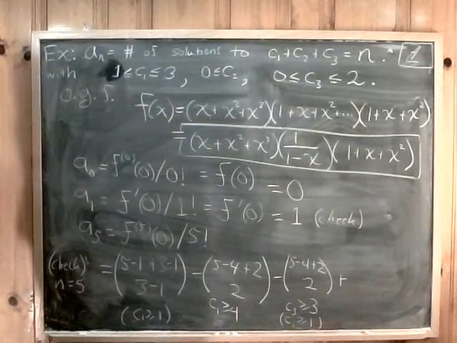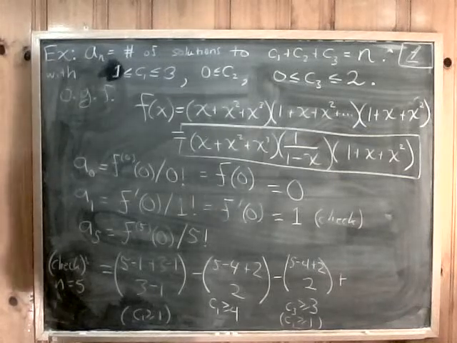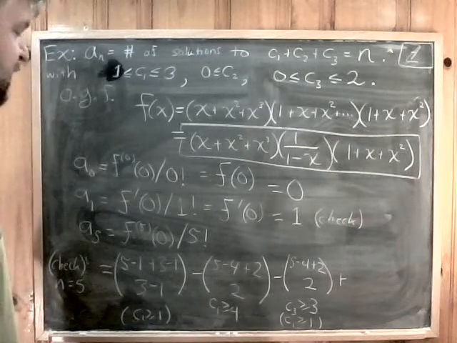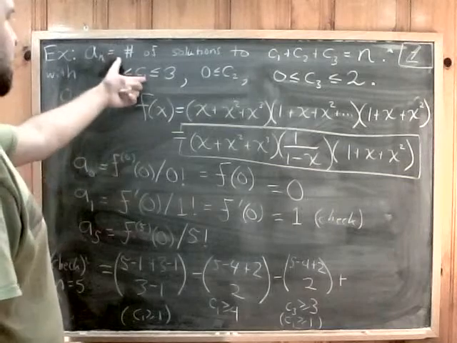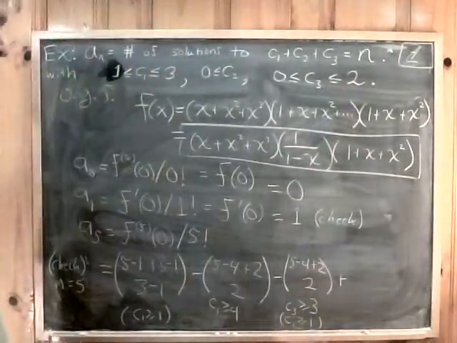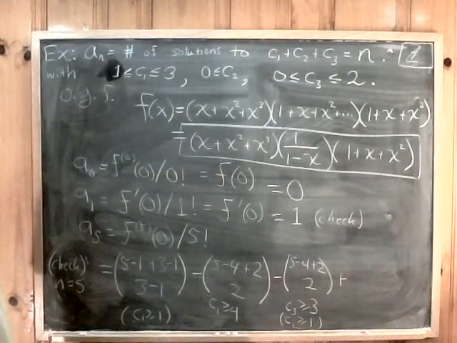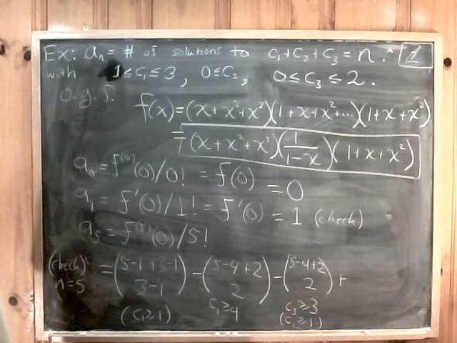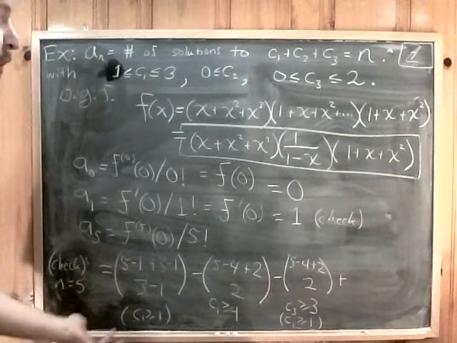And that would be both C1 greater than or equal to 4 and C3 greater than or equal to 3. So you can work that out. If C1 is greater than or equal to 4 and C3 is greater than or equal to 3, that means I would give 4 to C1, 3 to C3. That's 7 so far. 5 minus 7, that's negative. And so it's definitely going to be a small number choose a large number. It'll turn out to look like 0 choose 2.